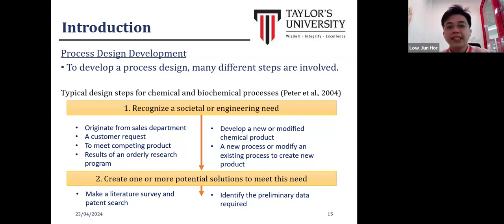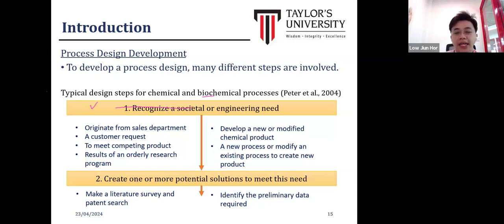So let's say if we want to refer to the framework or guideline that proposed by Peter, first step, we need to recognize the need.